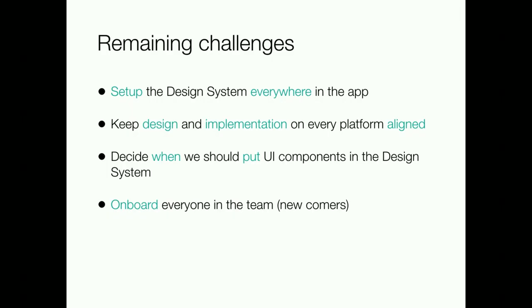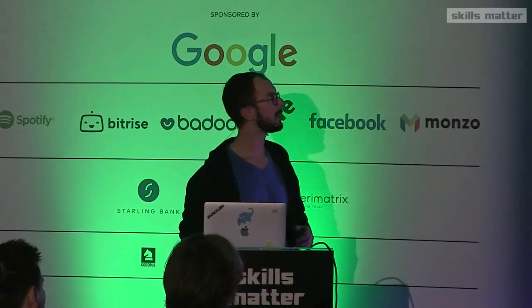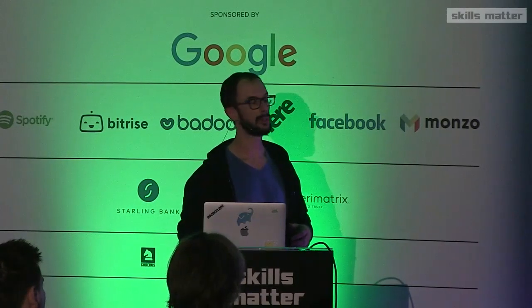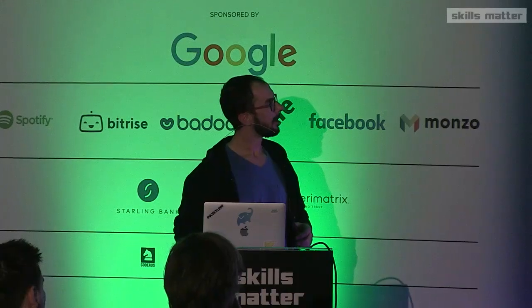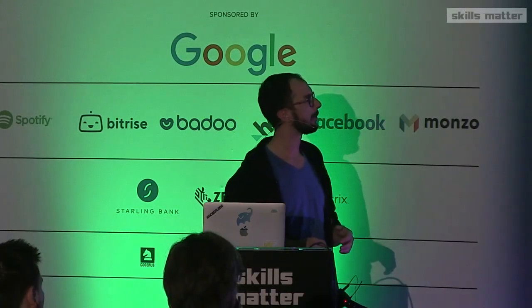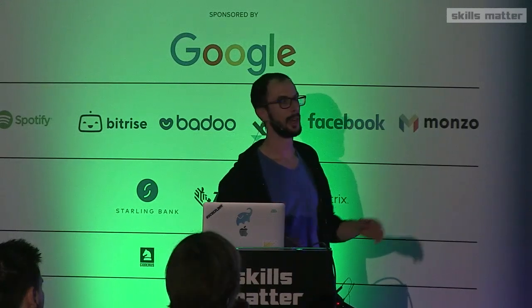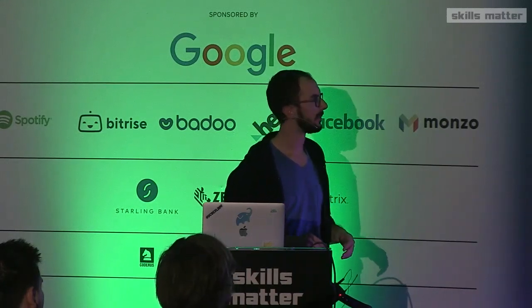We haven't set it up everywhere in the application yet. It's a long process, especially since we have a 10 years old code base. But we are getting very close. In a few months we should have about 90% of the application covered with our design system.